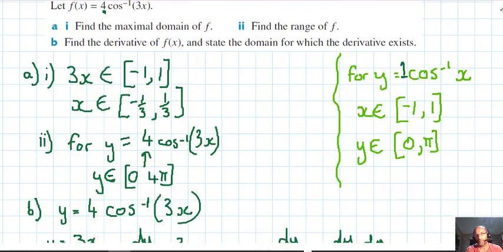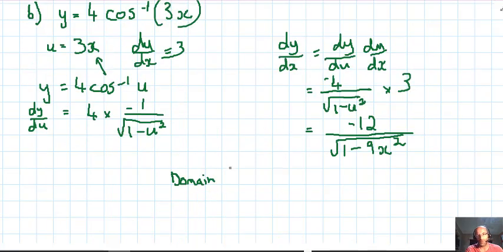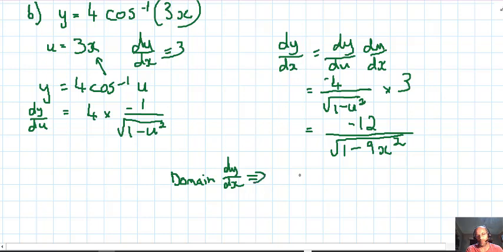Last thing we need to do now is find the domain for which the derivative exists. That's all about the x. So the domain for dy dx. So what we need to look at is, it is all about the denominator, and it's all about making sure that denominator stays greater than 0. Well, in fact, that's not accurate.